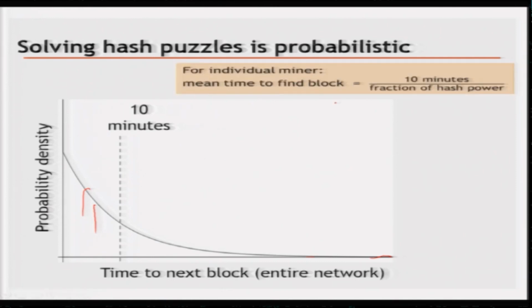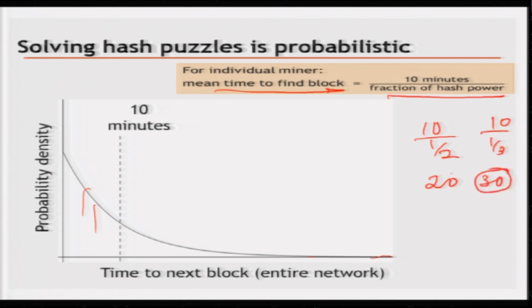For each individual miner, the mean time to find a block is 10 minutes divided by the fraction of hash power. So, if you have half of the hash power, your average time will be 20 minutes. If you have 1/3 of the hash power, your average will be 30 minutes, right. Therefore, the probability will accordingly also be adjusted.